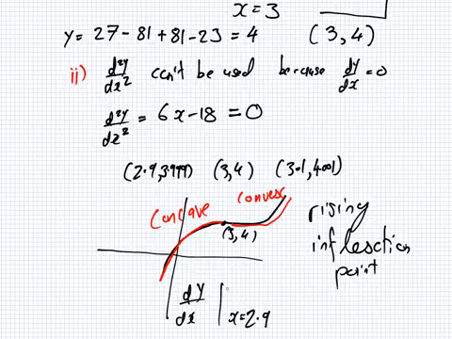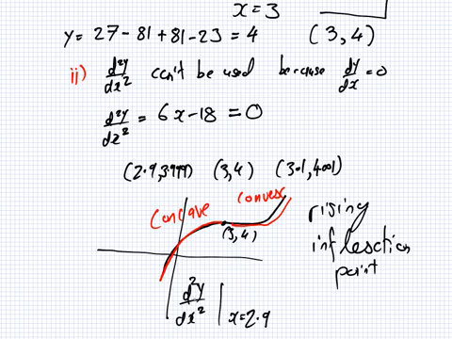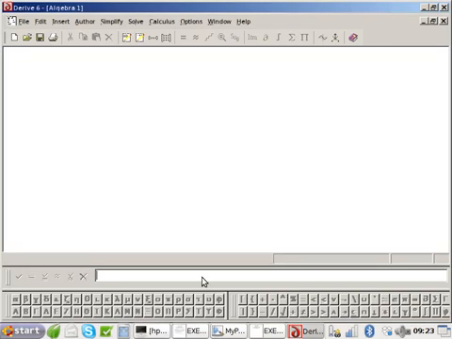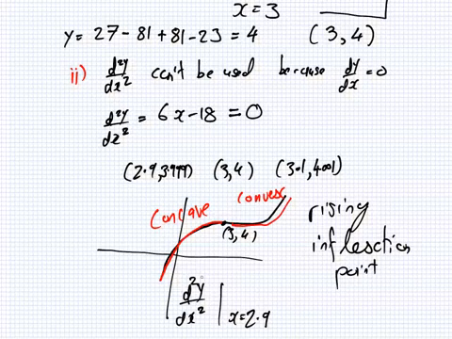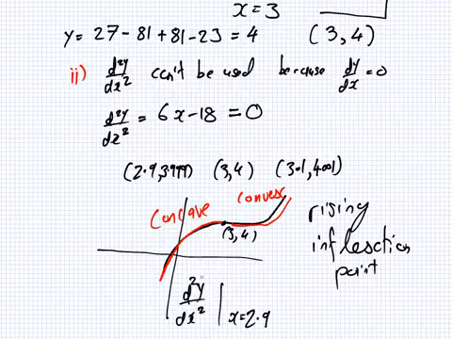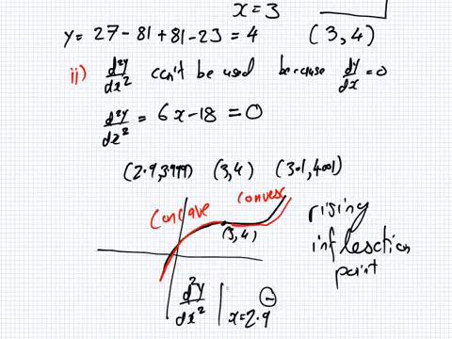Because you know its shape. If it's concave, it should be negative. So if you use this, you should get a negative, and then if you use 3.1, you should get positive for convex. Yeah, so this is another way to do it.